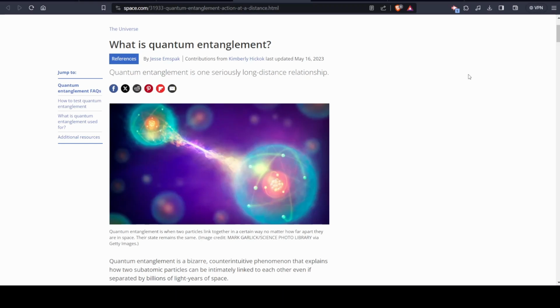It can't happen because light takes time. That information would take time to travel that distance conventionally. But theoretically, with quantum entanglement, that doesn't happen, and it's been shown to not happen. This is what Einstein called spooky action at a distance. They couldn't explain how this is happening, so he called it spooky action at a distance.